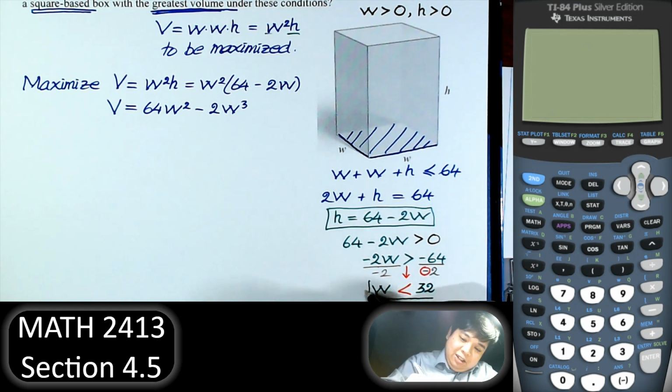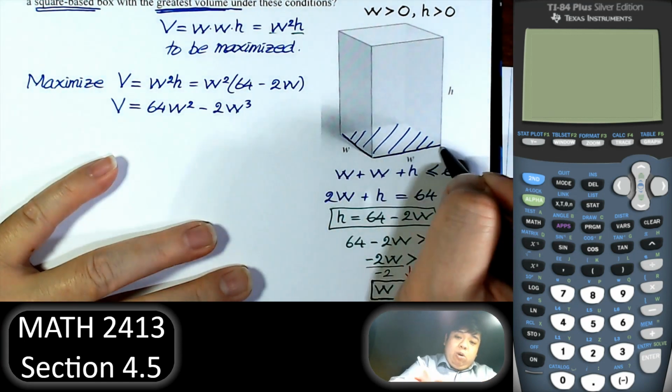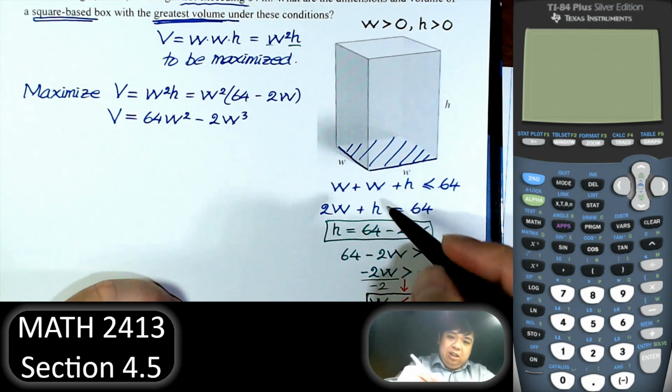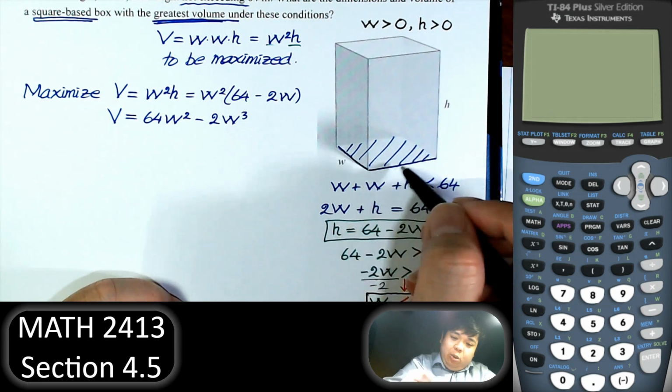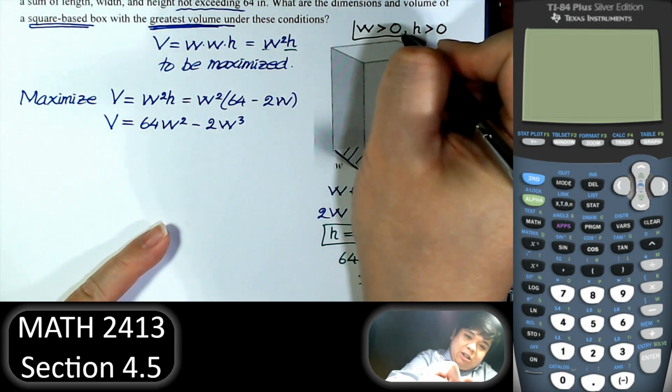We know that in reality it's even smaller than this, but never mind, just less than 32, that's good enough, greater than 0.